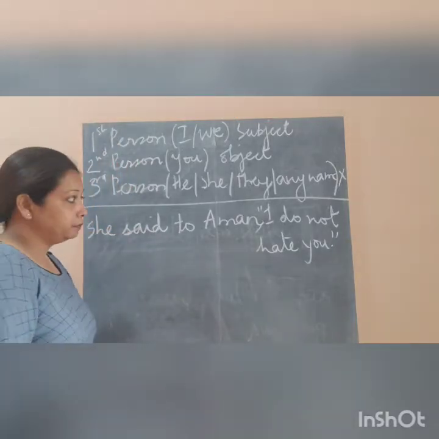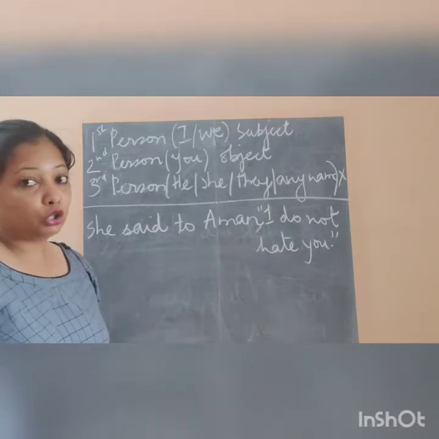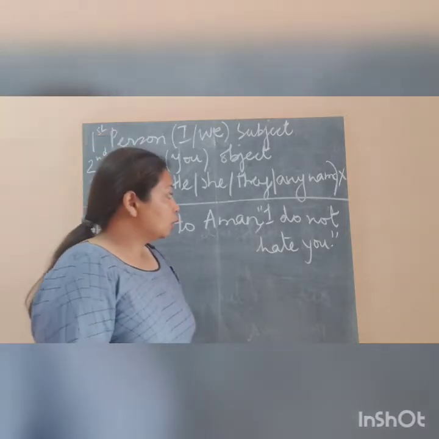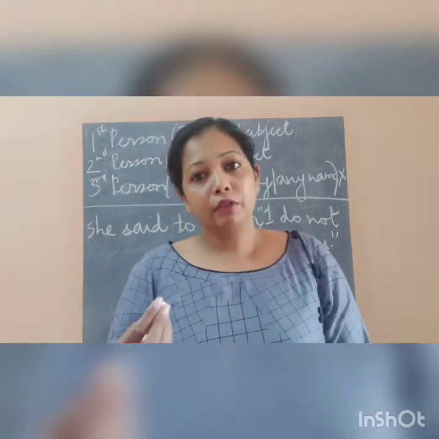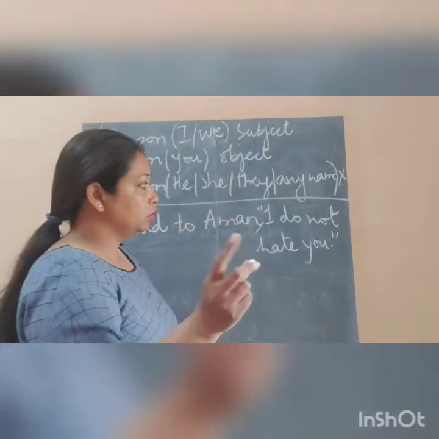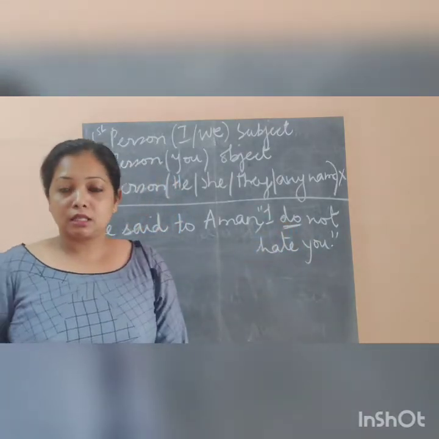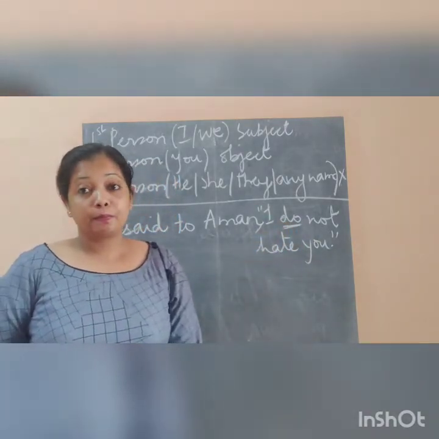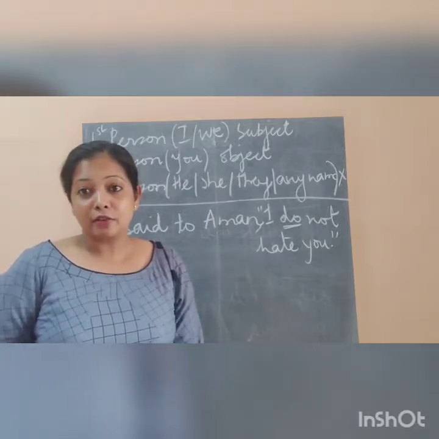She said to Aman, I do not hate you. Now, let's identify from what we have done in active and passive voice also. You all know do and does. What does it represent? It is said to be in present tense, right?